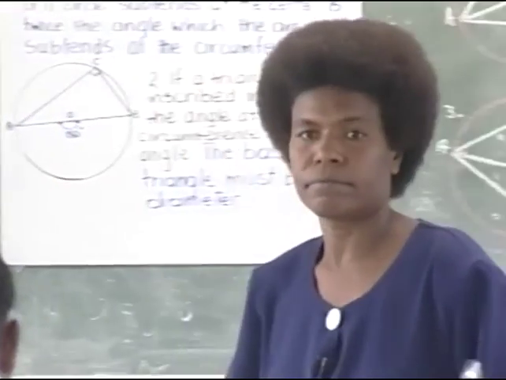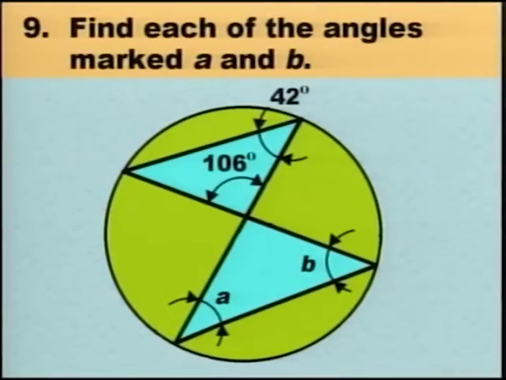Question 9. In question 9, what's the value of A? 32 degrees. 32 degrees is correct, yes.